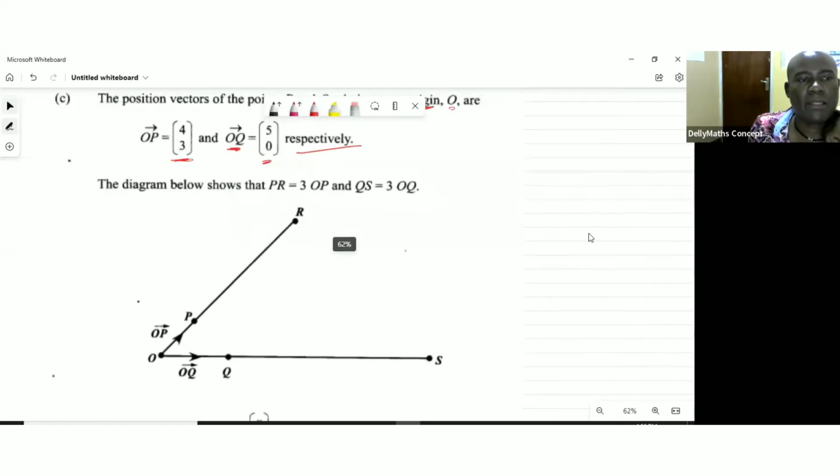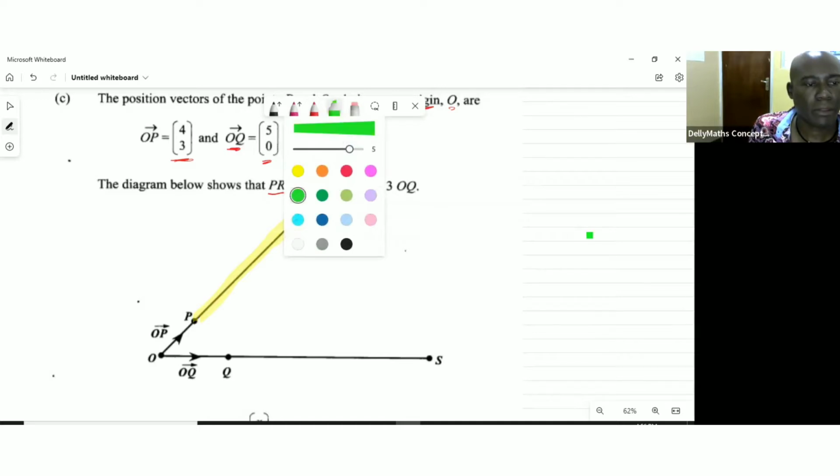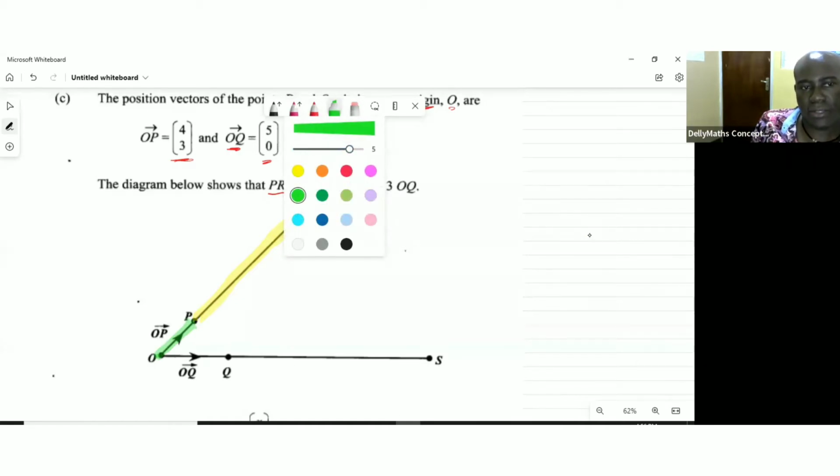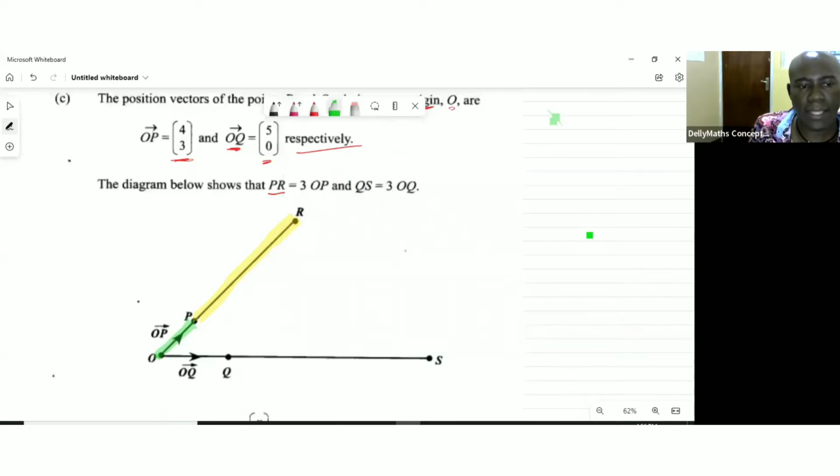The diagram below shows that PR is equal to 3 OP. So we're looking at PR. PR is 3 times OP. Also, QS, which is all of this, is equal to 3 times OQ.